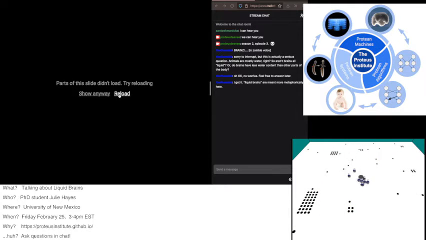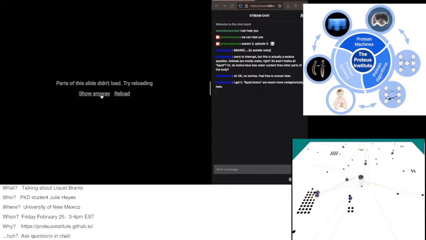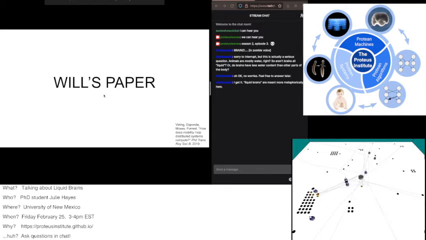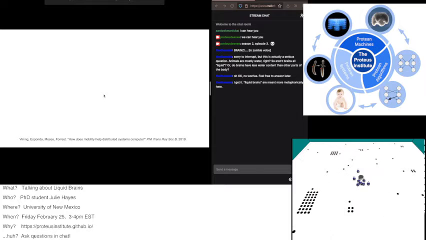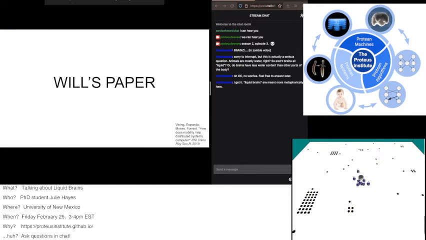oh, how sad. Parts of the slide did not load. All right. Hopefully the figures on the next page work. Anyway, let's see. There's a figure here. Weird. Oh no. Oh man.